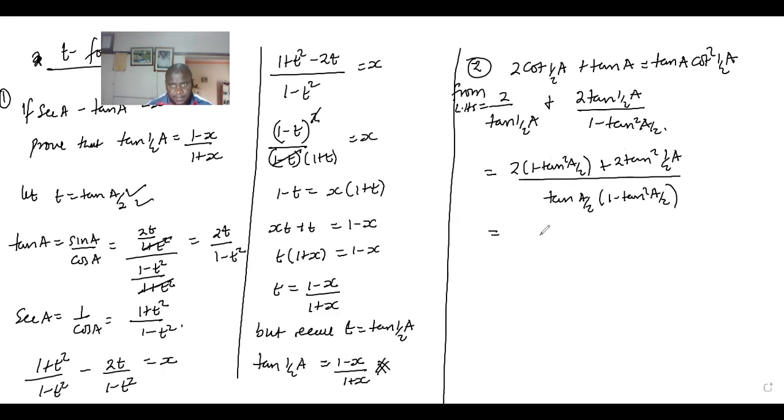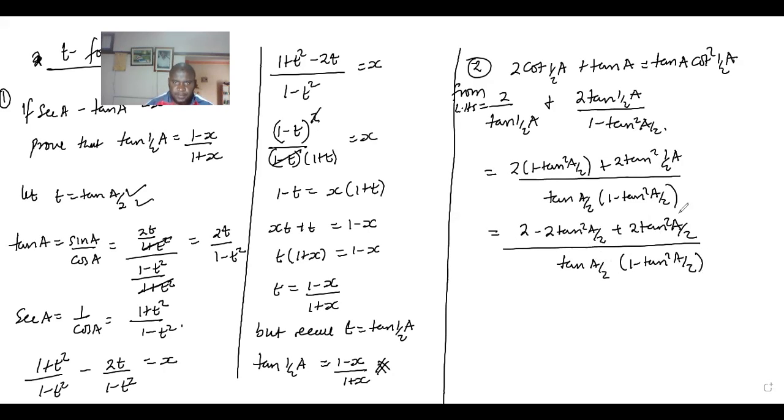The numerator becomes 2 minus 2 tan squared, divided by tan A over 2 into 1 minus tan squared A over 2. I lose this with that. This will give me twice cot of A over 2.